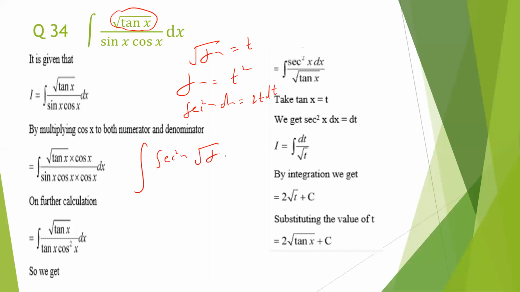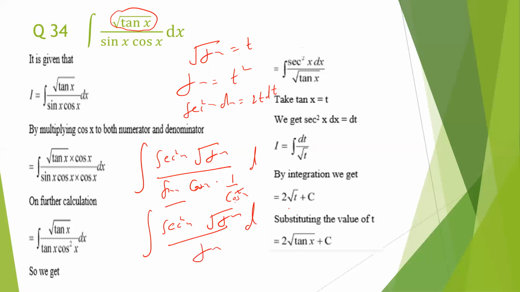Multiply by sec square and divide by sec square. So sec square can be written as 1 by cos square. This 1 by cos cancels. Sec square x root tan x, and sin x by cos x is tan x. So finally it becomes sec square x dx, and tan x by root tan x is root tan x.